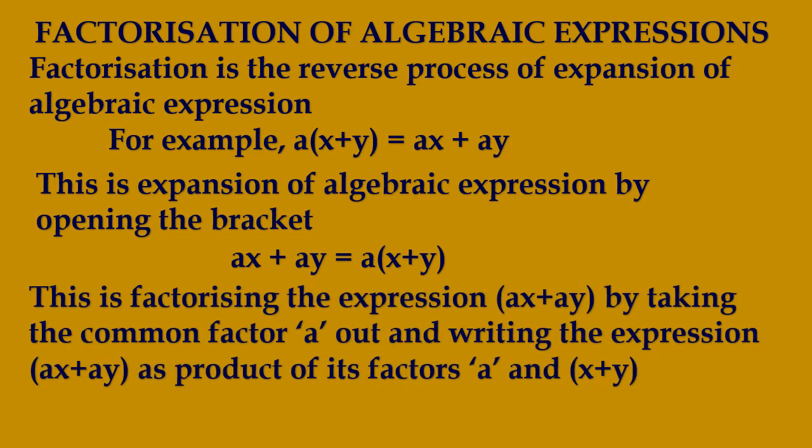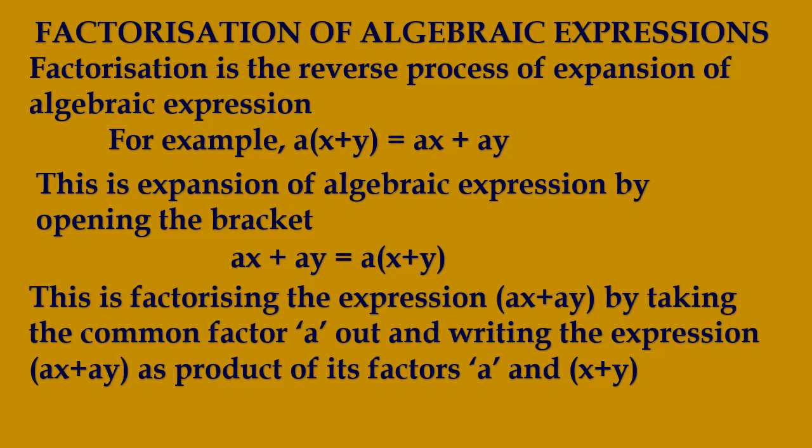So this is factorizing the expression ax plus ay by taking the common factor a out and writing the expression ax plus ay as product of its factors a and x plus y. A is a factor, x plus y another factor, and their product is ax plus ay.